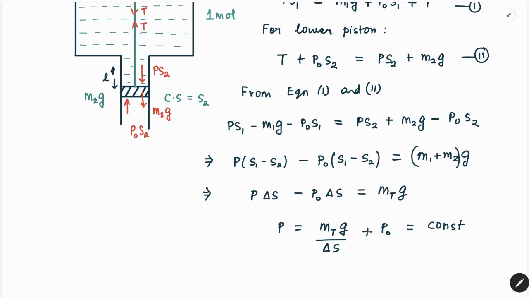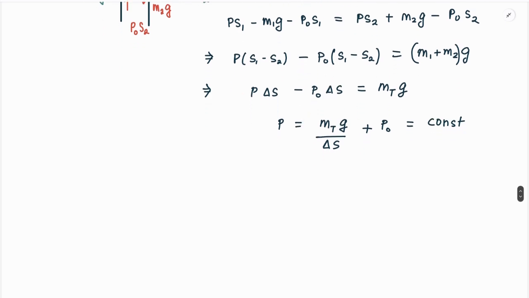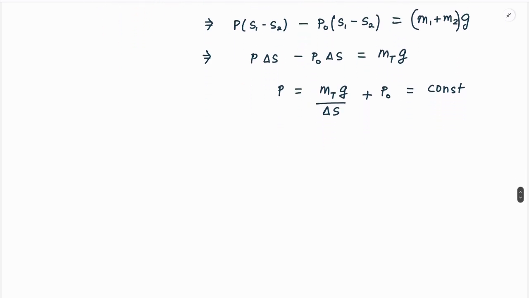So over here we can say that the pressure inside the system, or inside the chamber, has turned out to be constant. So we have established an interesting conclusion that pressure inside this chamber is going to remain constant, and we have 1 mole of a gas.